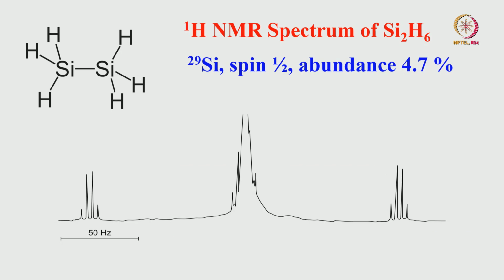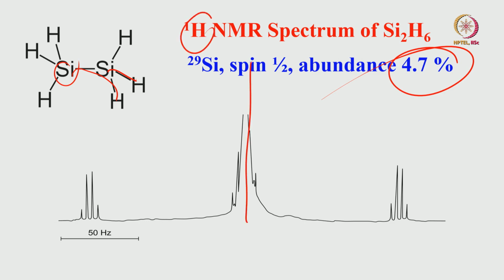This is the Si2H6 molecule. Now we have silicon, which is 4.7% abundant, plus we also have 1 bond and 2 bond coupling. This silicon has 1 bond coupling here and also has 2 bond coupling here. There are 2 types of coupling you can think of. If you take the proton NMR of it, this corresponds to one of the things. Silicon has several isotopes, but we are considering only Si29, which is coupled.